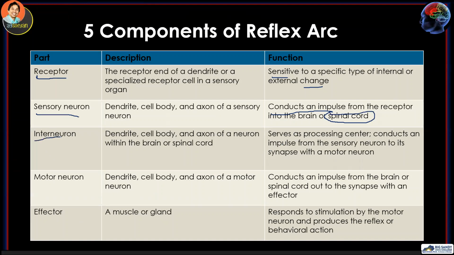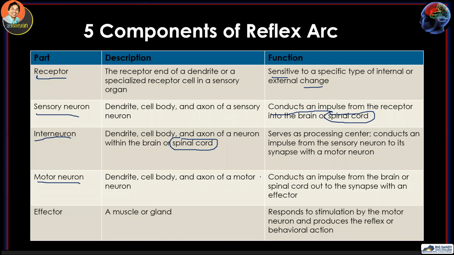The interneurons are the neurons that do the processing in the central nervous system. Because this is a reflex, the interneurons are located in the spinal cord. This interneuron will process the information and finally produce the order or response. That order has to be carried by the fourth component, the motor neuron.